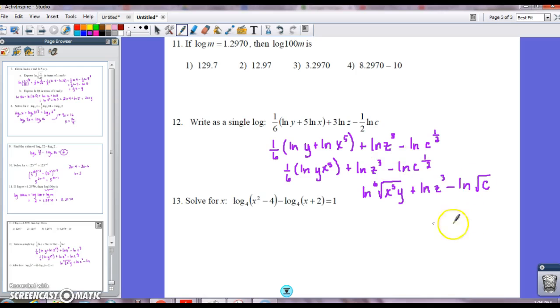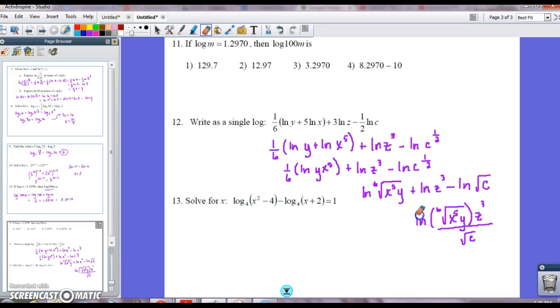And so now I'm going to combine everything into a single log. Here I have the product rule, here I have the quotient rule. So if I rewrite this, I end up with ln of the 6th root of x to the 5th times y times z to the 3rd, all of this over the square root of c.